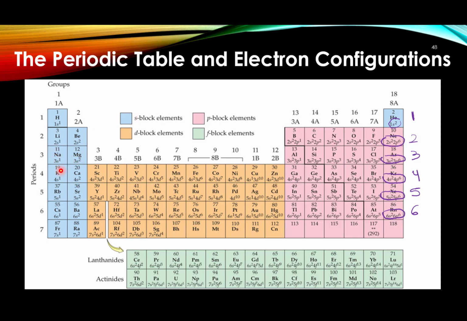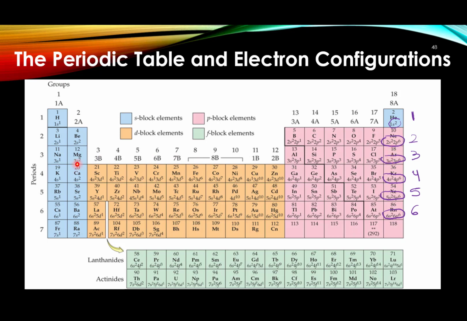Then sodium, this is its electronic configuration. If it loses 1 electron, it will have the same electronic characteristics as neon. That's why we say sodium is +1. Look at magnesium. How many electrons does magnesium have to lose to have the same electronic characteristics as neon? It has to lose 2.